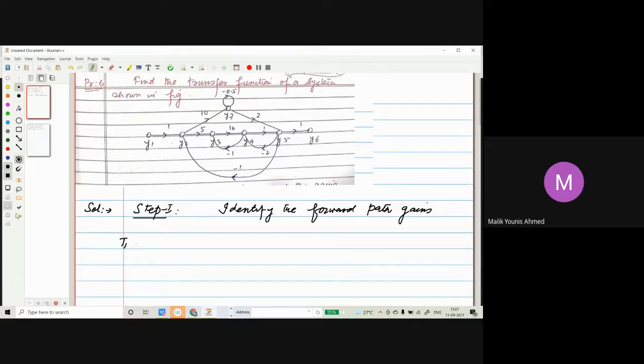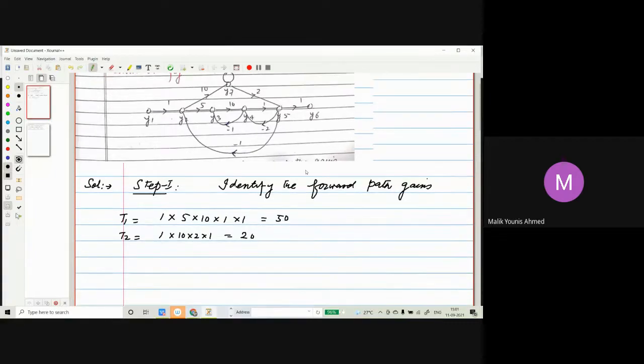Number one, T1 will be this straight one, 1, 5, 10, 1, 1. So that is 1 into 5 into 10 into 1 into 1, which is equal to 50. Number two is 1, 10, 2 into 1, that is 20. So this is step number 1.